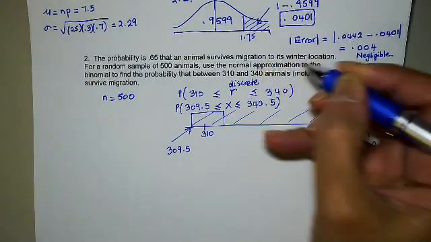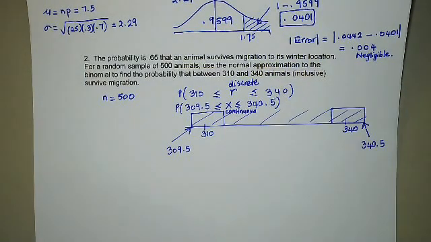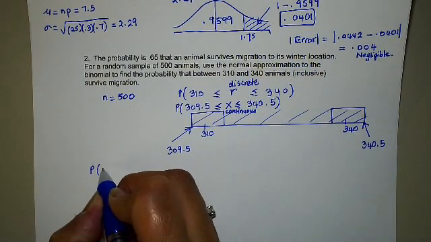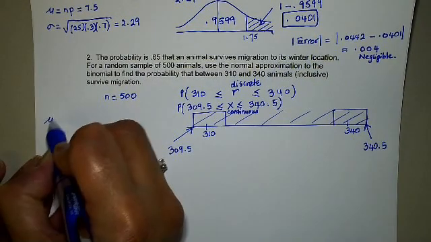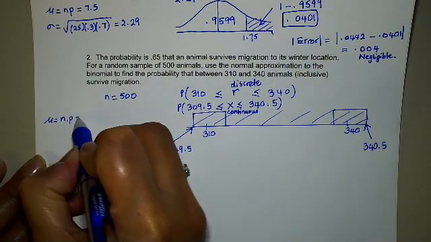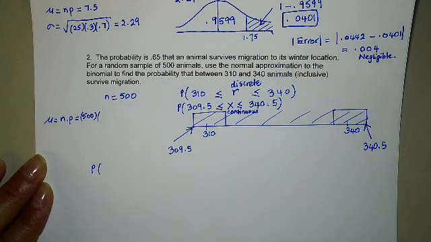Probability 309.5 less than or equal to X less than or equal to 340.5. So the top one is discrete. The bottom one is continuous. And now I'll change it to Z.